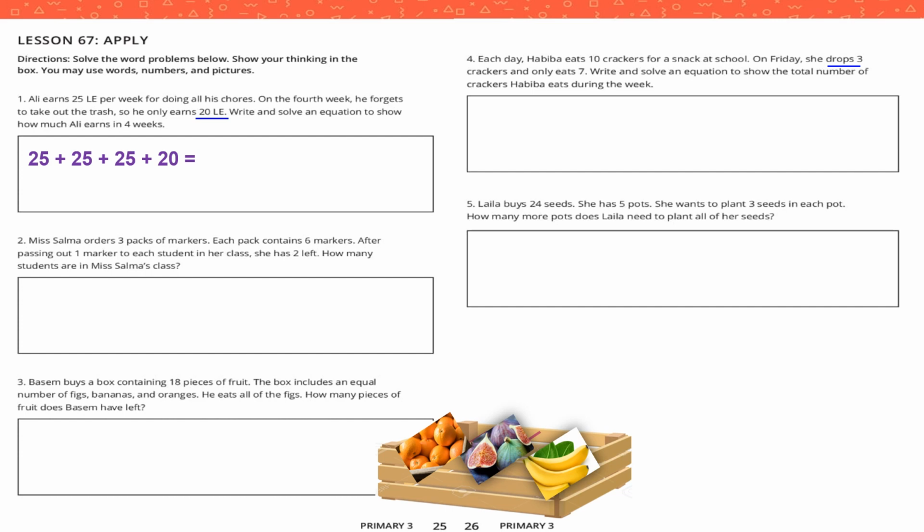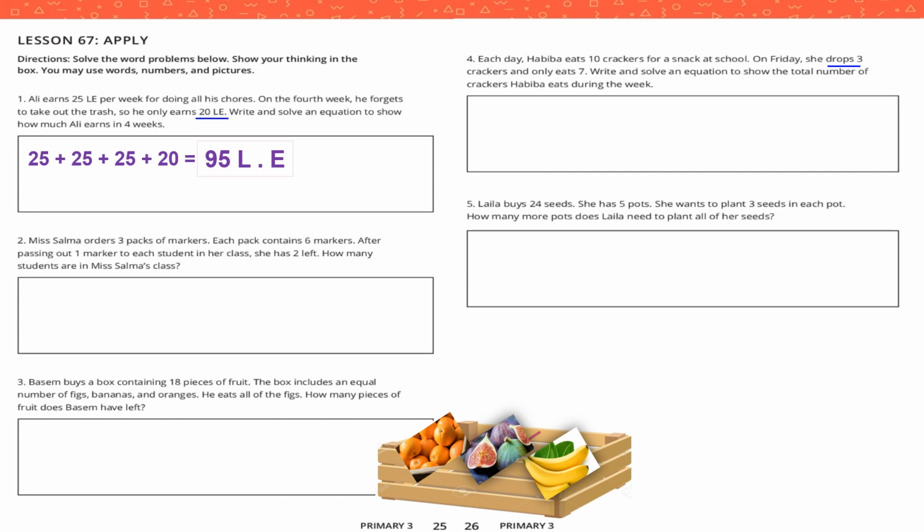So we will add all of them. The total will be 95 LE. You can add ones with ones, or you can add 2 numbers, then add 2 numbers and take the sum here and sum here and add all of them.